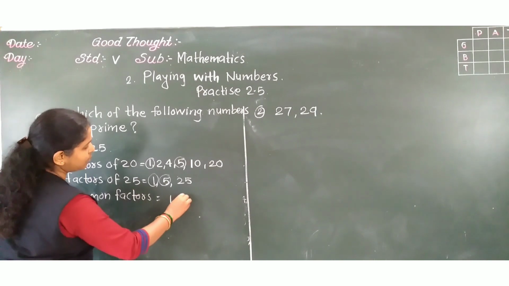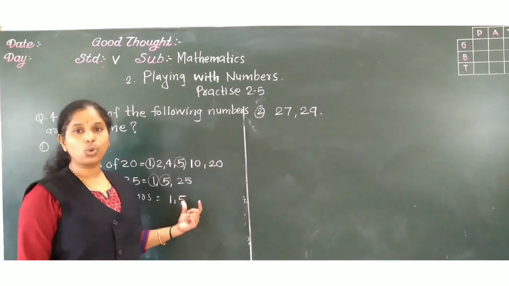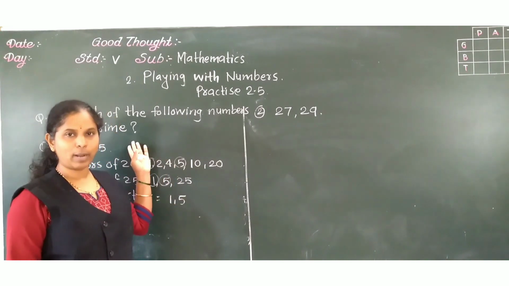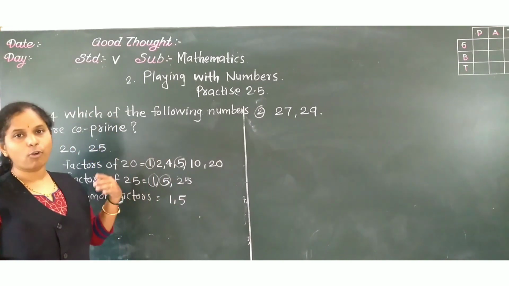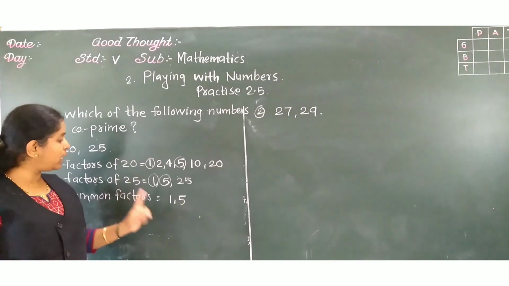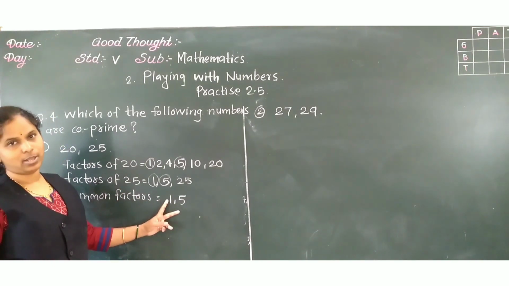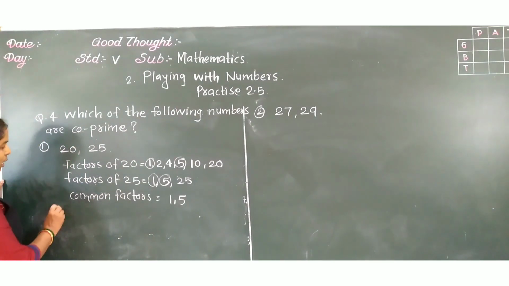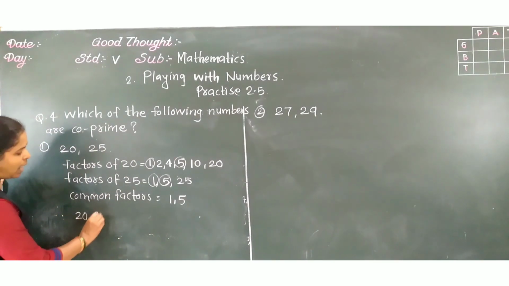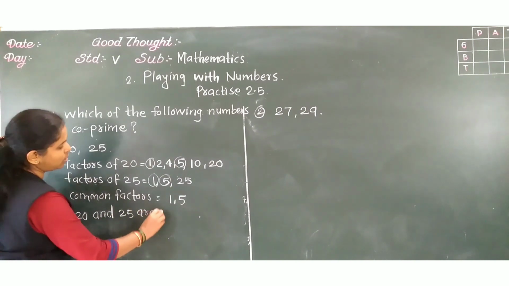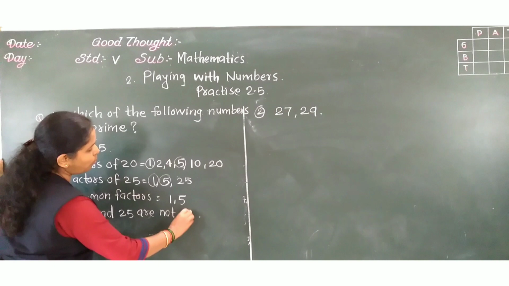Means it has 2 common factors. So can we call them co-prime numbers? No, because for co-prime numbers we want only 1 as a common factor and here 2 common factors are there. So how to write? Therefore 20 and 25 are not co-prime numbers.